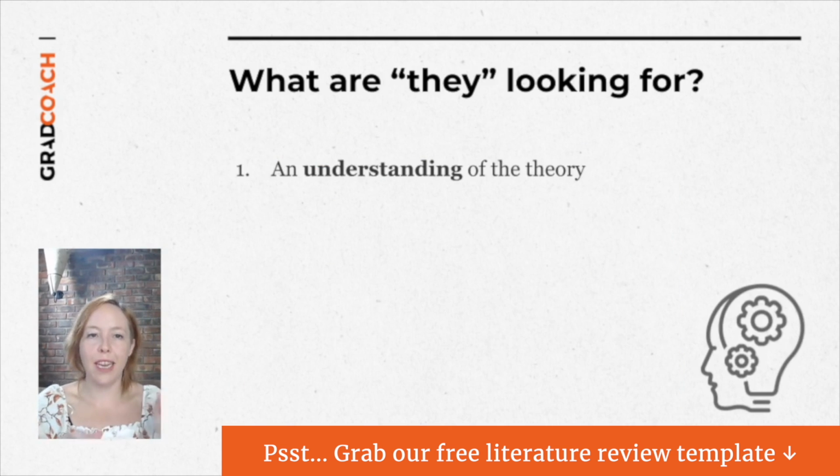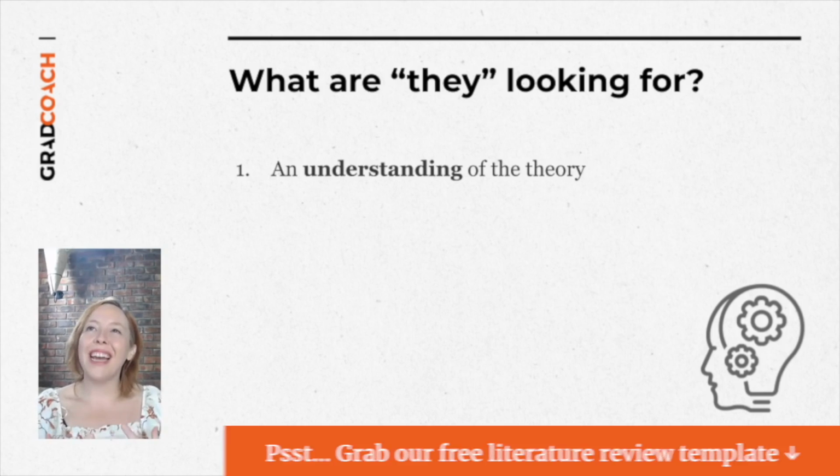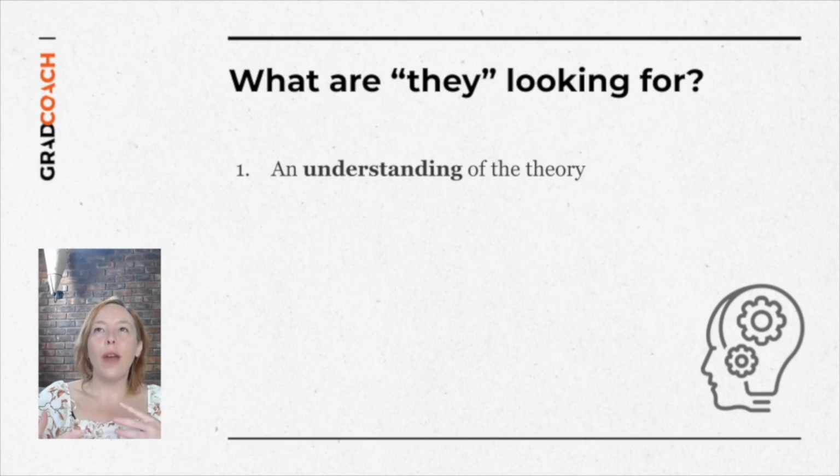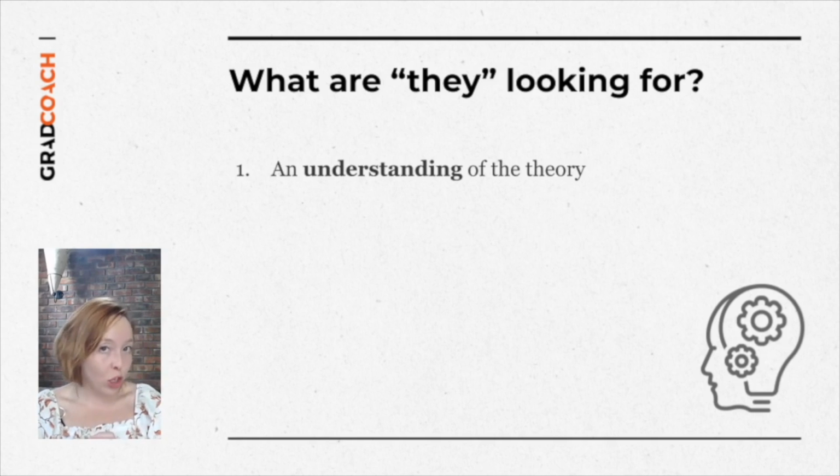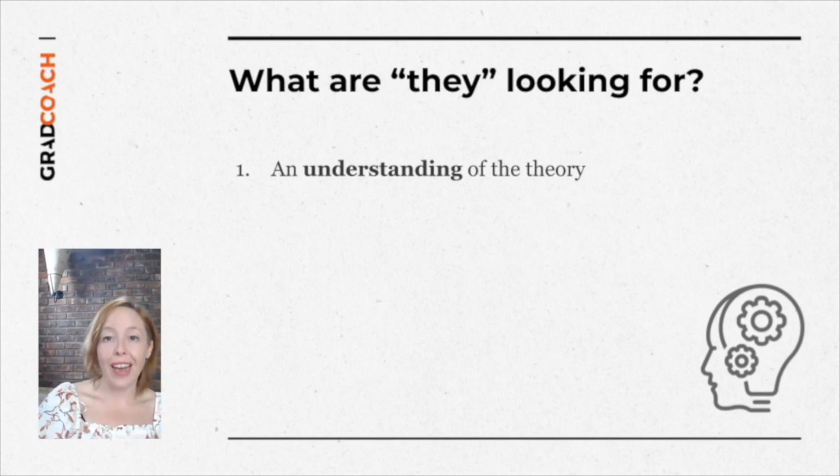But the first of the three key things is they want to see that you have an understanding of the theory. And by understanding, they want you to have engaged with the theory enough to show that you have an idea as to what an adequate use of this theory is for your research, that you've identified and probably defined with some level of practical definition how the constructs or elements within this theory can be used in research like yours.